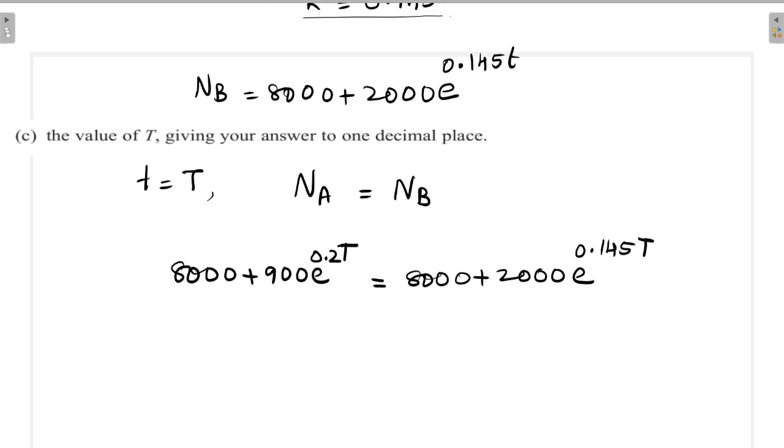This 8,000 will be cancelled. The remaining terms are 900 e power 0.2t and 2,000 e power 0.145t. So e power 0.2t divided by e power 0.145t is equal to 2,000 divided by 900.